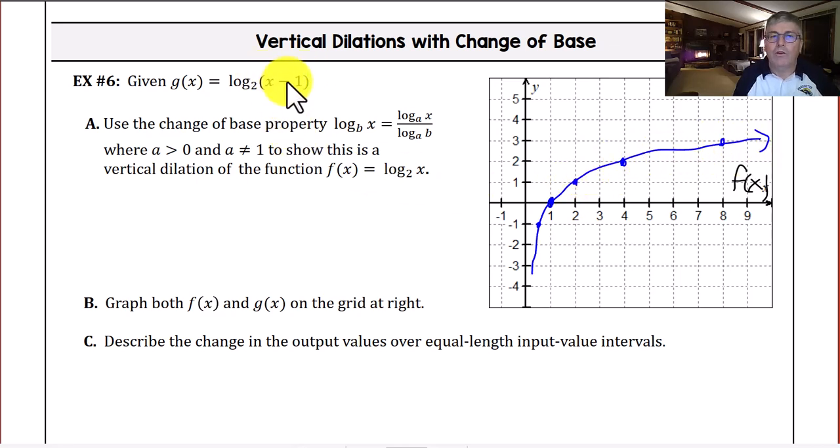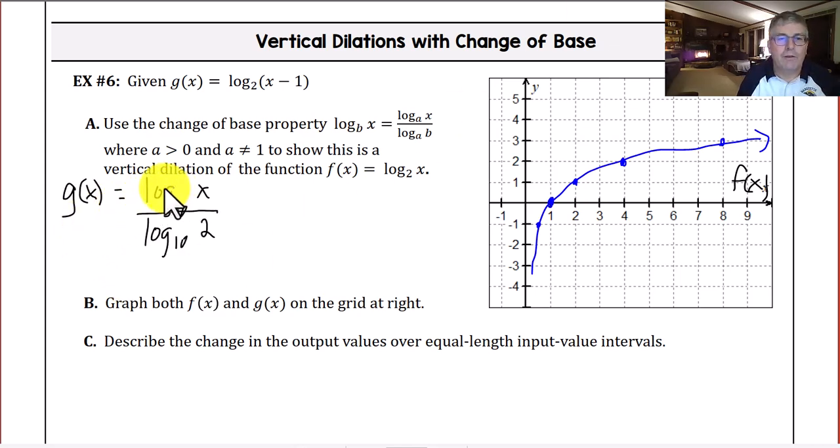Now, we could look at this as a shift along the x of 1 unit to the right. That I could see being the case here, but let's go ahead and apply the change of base as we're asked to do and see if that confirms what our theory is here.